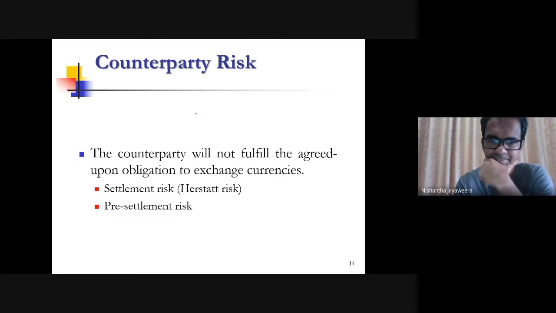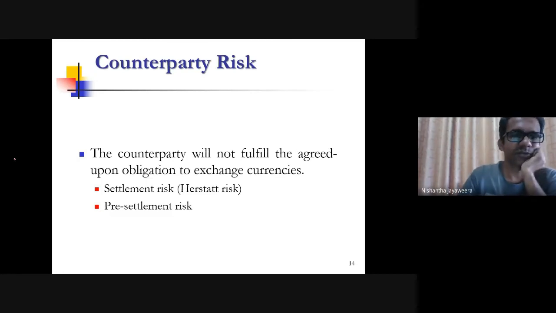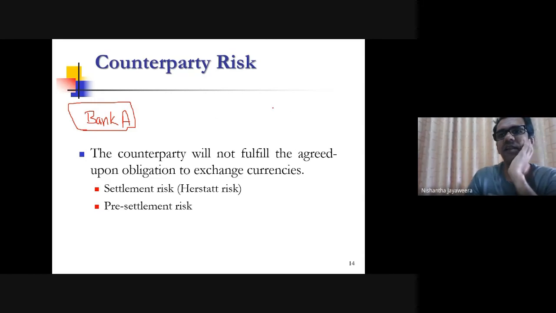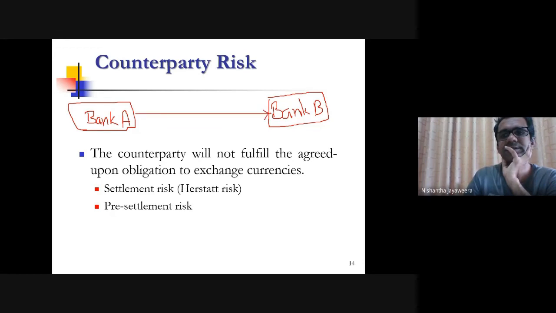What is a counterparty risk? I'm not sure whether I have explained it. Say two banks in Sri Lanka, Bank A and Bank B, enter into a transaction.